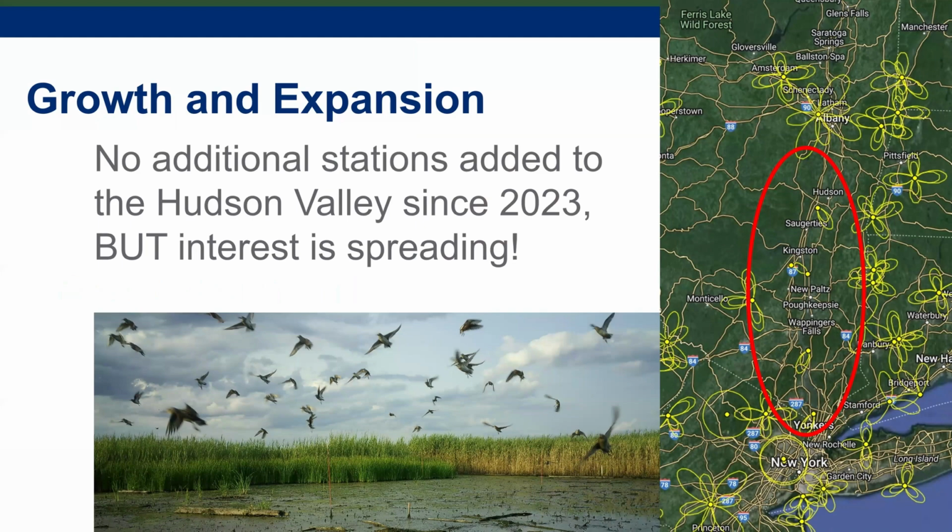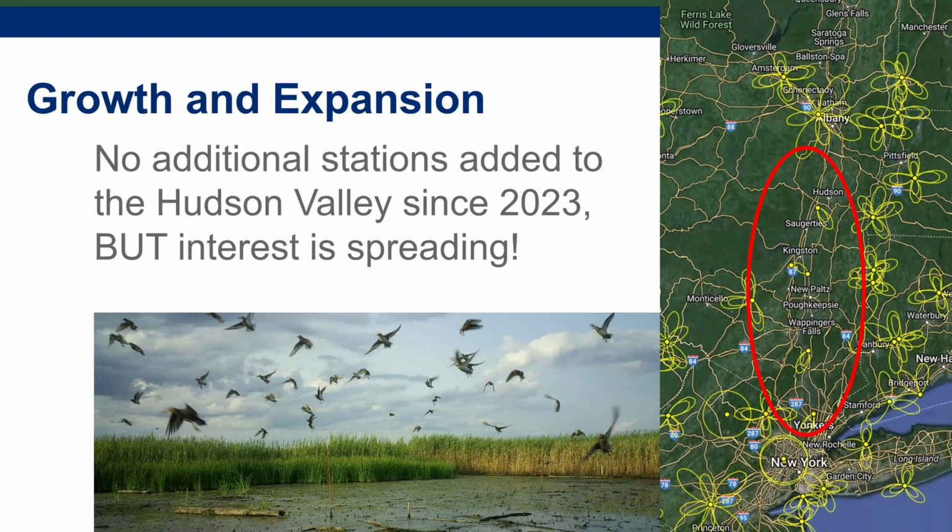But we haven't had any new stations added since our last station was installed in 2023. Interest is spreading, so it's a work in progress. Basically, we took the approach of "if we build it, they will come." And they being both additional landowners that would like to host stations, but also researchers interested in working in the Hudson Valley and actually tagging animals within the region.